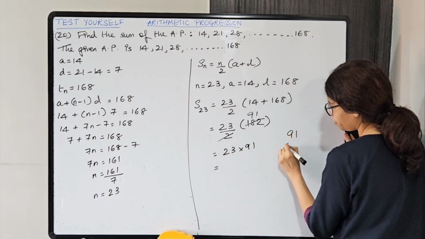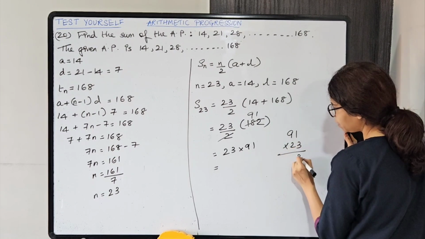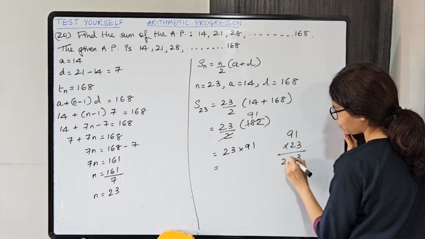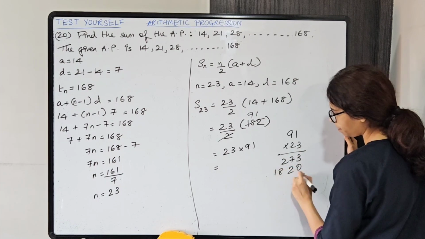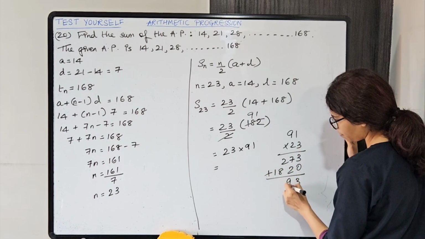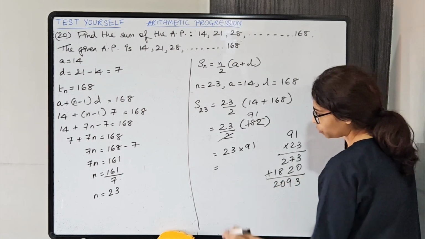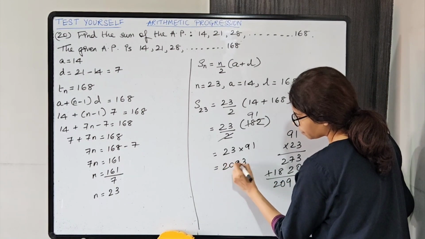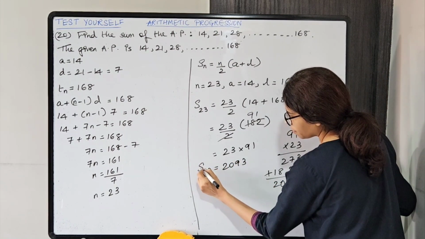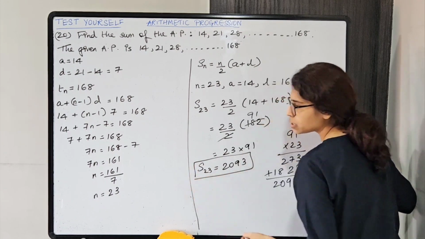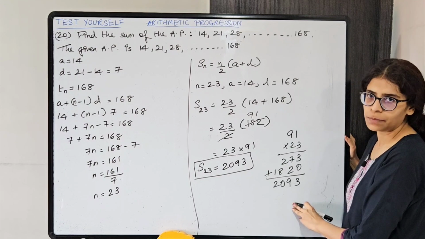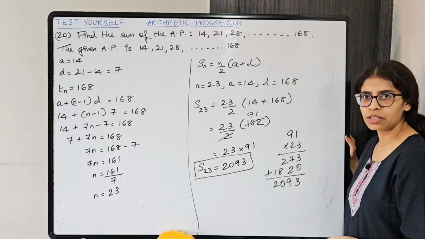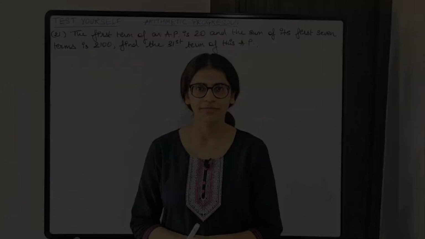Let's find out. 3 1s are 3, 3 9s are 27, 0. 2 1s are 2, 2 9s are 18. 2093. Box the answer, write down the final statement. The sum of all the terms of the AP is 2093. Okay, don't forget the statement.